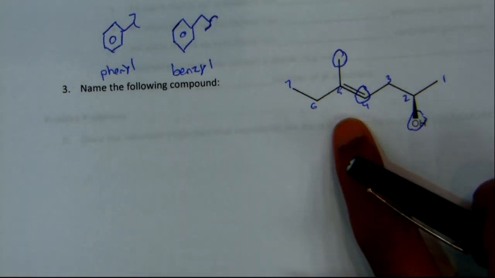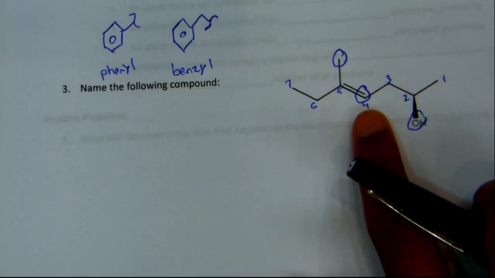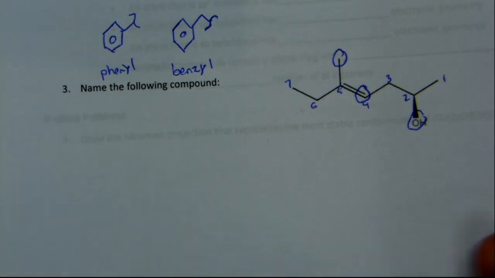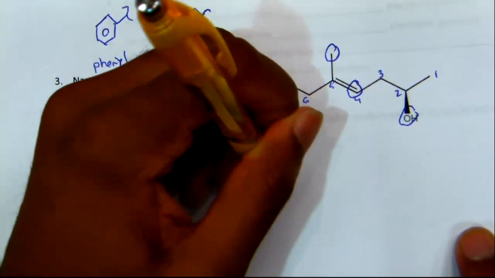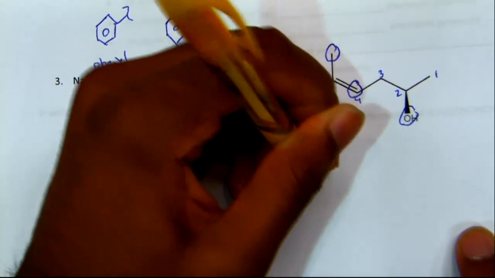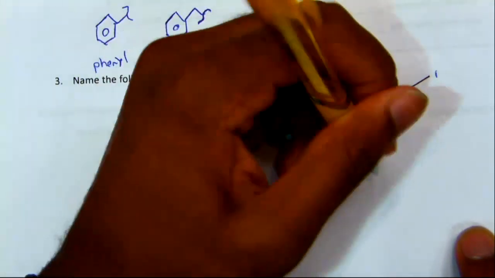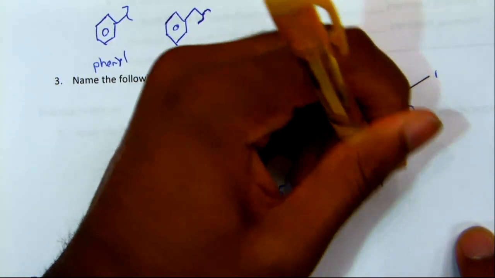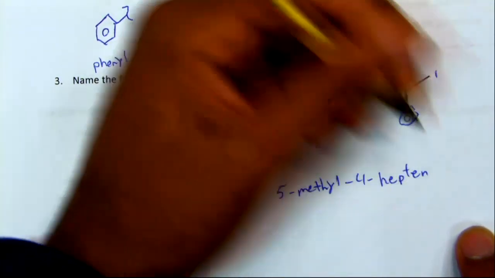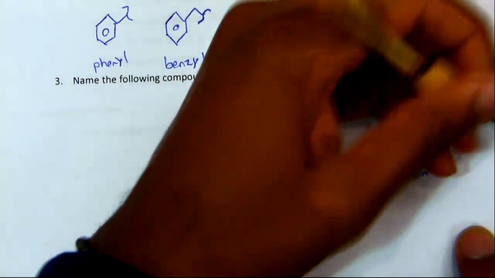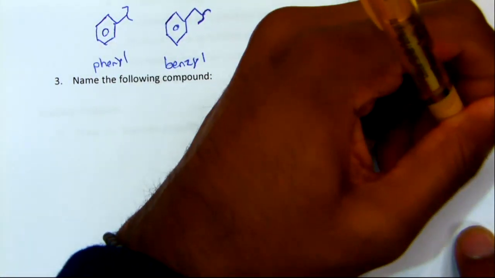Okay, and then we have a 5-methyl and a 4-hept, like a double bond. So let's start with that part, because I think that's easier. So hept, 5-methyl, 4-hept, EN2, OL.